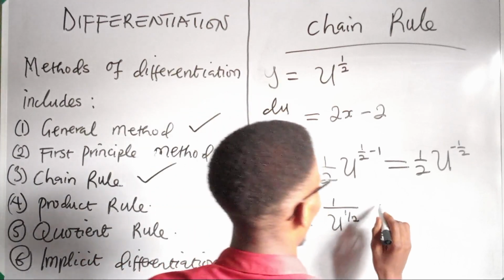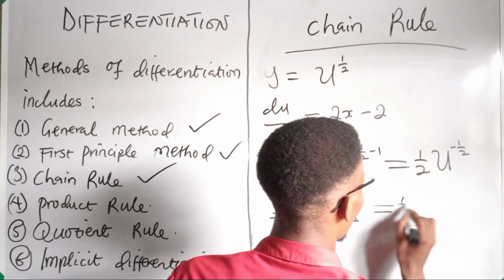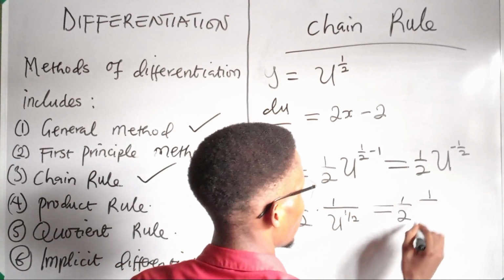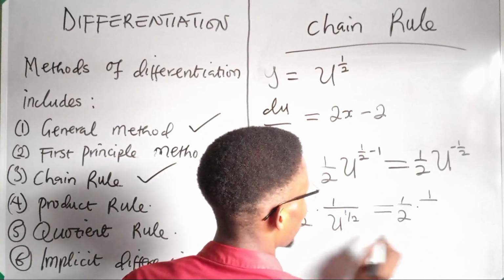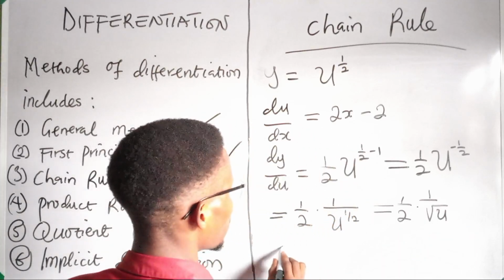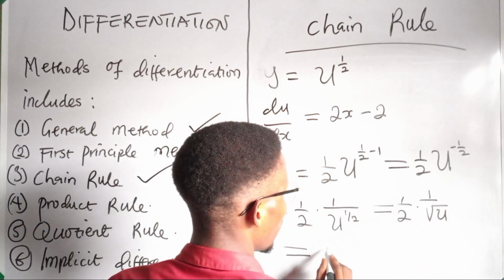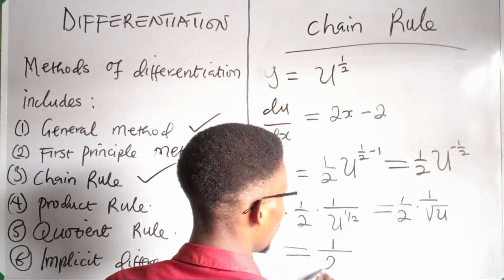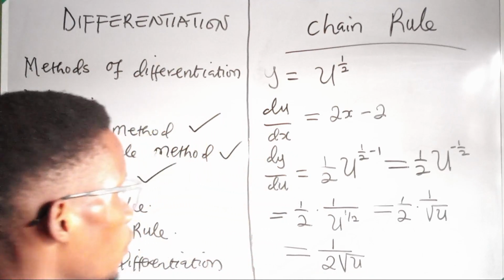So now we have this half multiplied by 1 all over u raised to half, and u raised to half is the same as the square root of u. So half multiplied by this is 1 all over 2 square root of u.